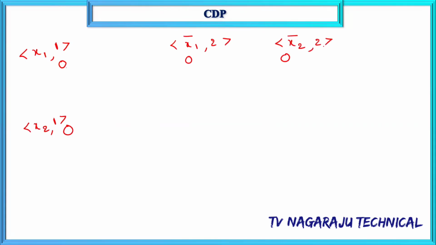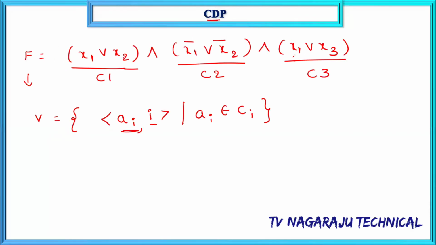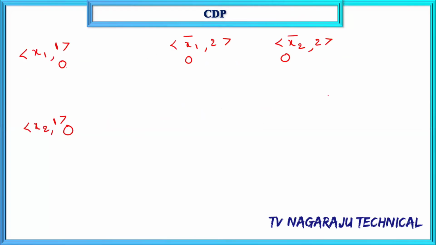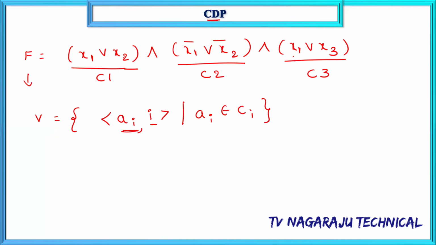So the second clause is completed. Now coming to the third clause, x1 comma 3, and x3 comma 3. Now everyone clear with how we write the vertices? How many literals are there? Each one is considered as a vertex along with the clause number. Now vertices are clear. How do we draw an edge?